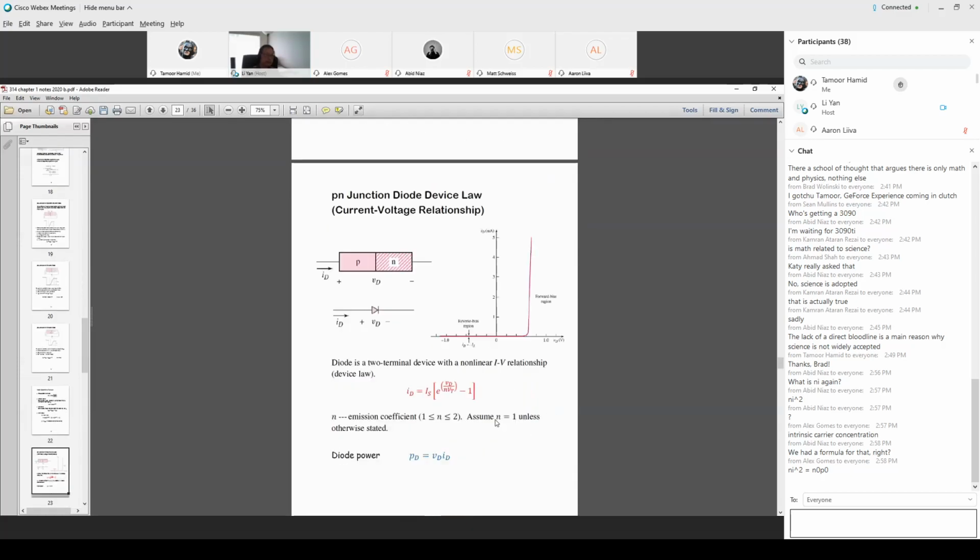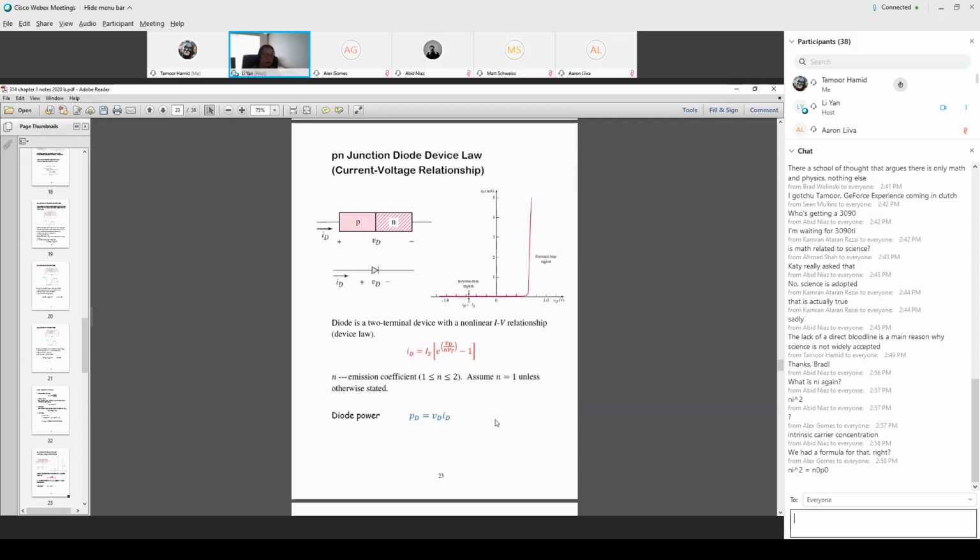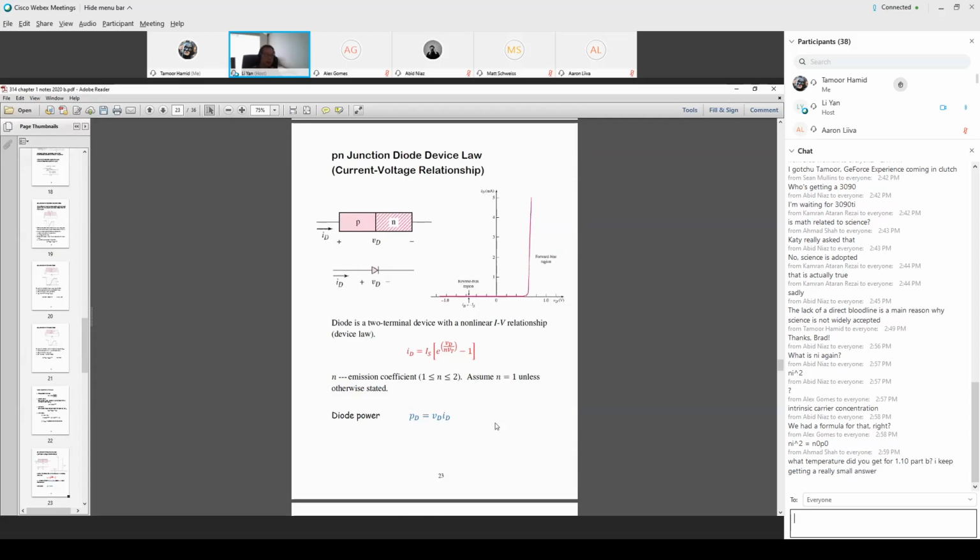Okay, no question. Now this gets back to the textbook; I have a few graphs to show you. I summarize this as the PN junction diode device law. What is a device law? The current voltage relationship.